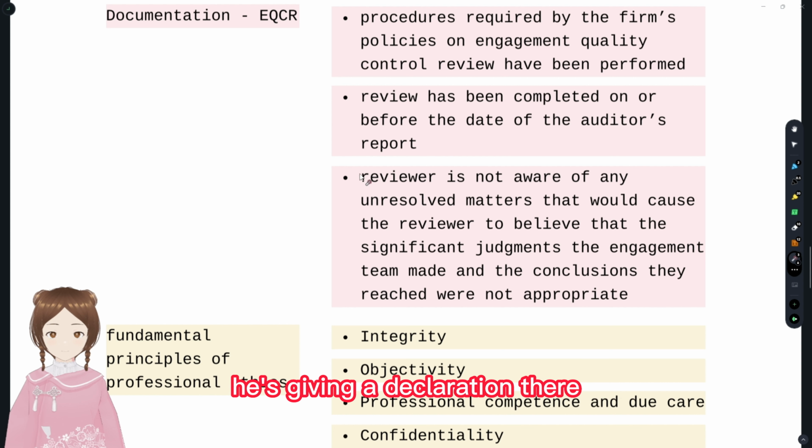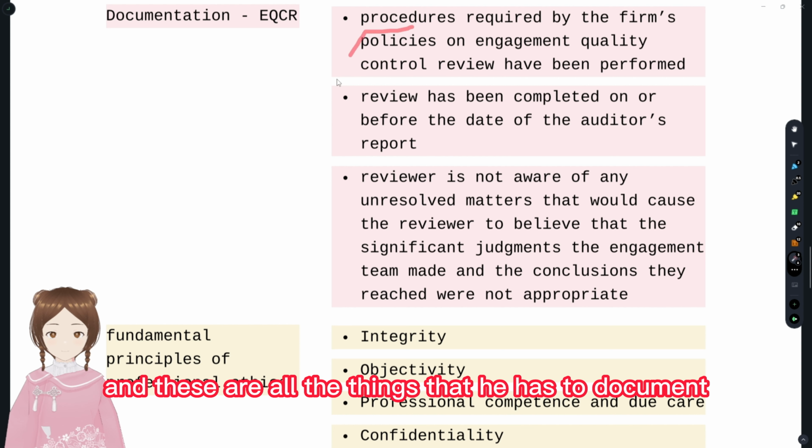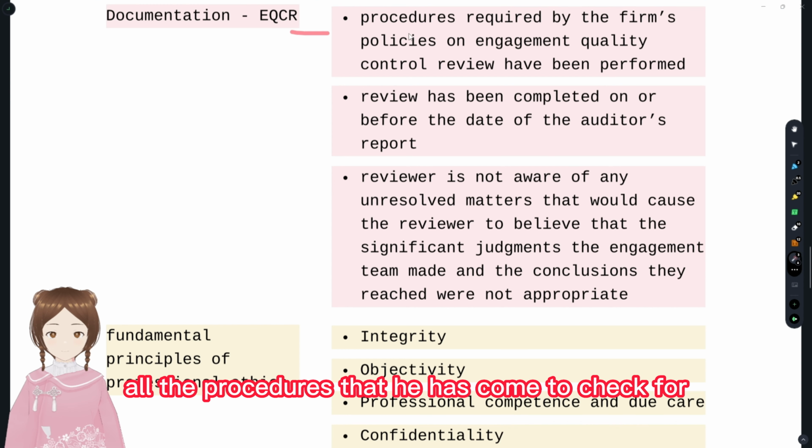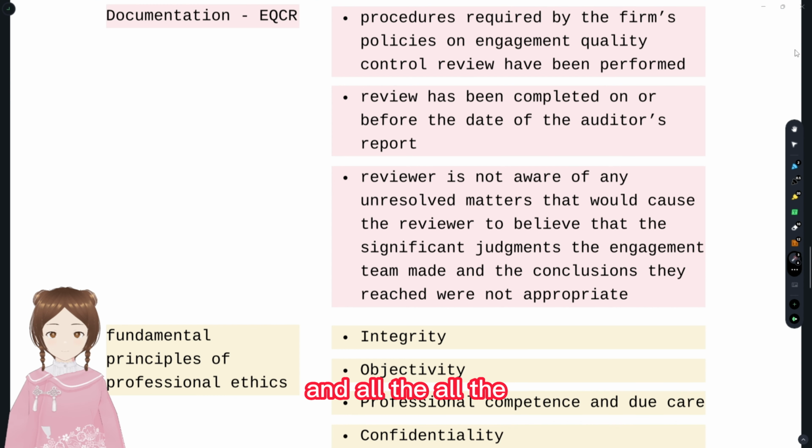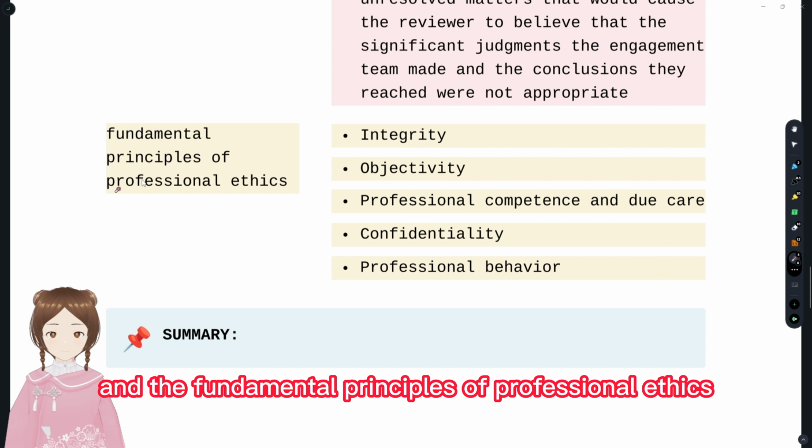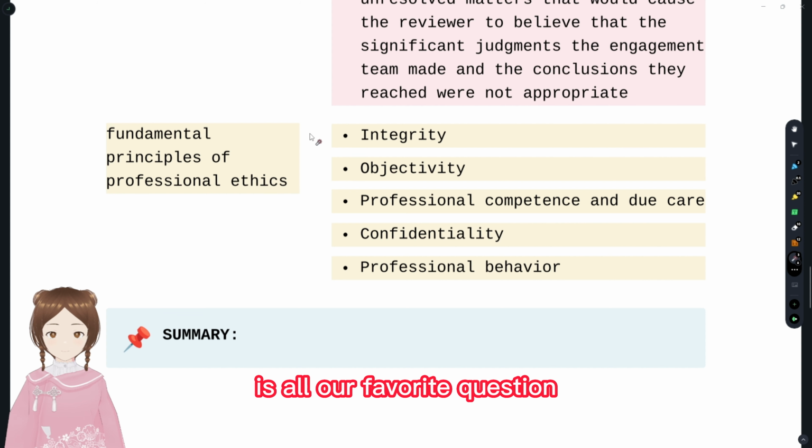He's giving a declaration there. And these are the things that he has to document: all the procedures that he came to check, that the EQCR has to be completed before signing of the audit report, and a declaration that he is unaware of unresolved matters.